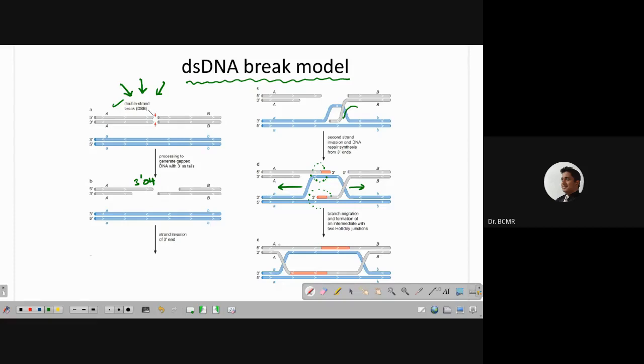So the first is alignment, double strand break, processing, strand invasion, and then replication fork formation. Here replication will take up polymerization to fill in the gaps, and then you have branch migration of the two Holliday junctions, and then we have resolution.